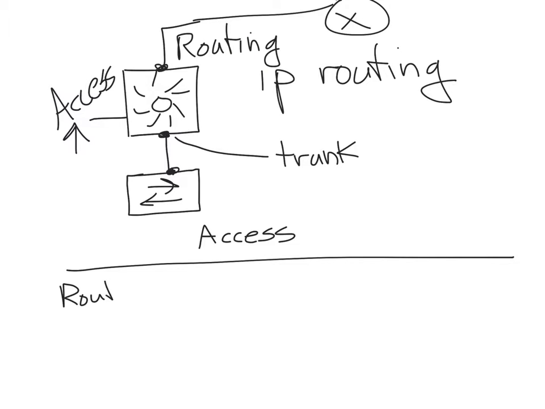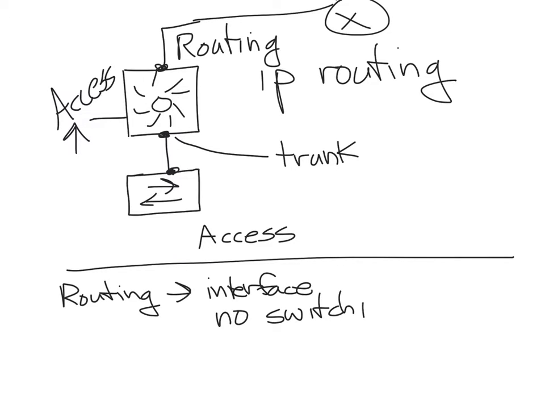Separate routing port. You go into the interface and you can just say no switchport. So you're telling it, it's not a switch port anymore. And that's all there is to that.